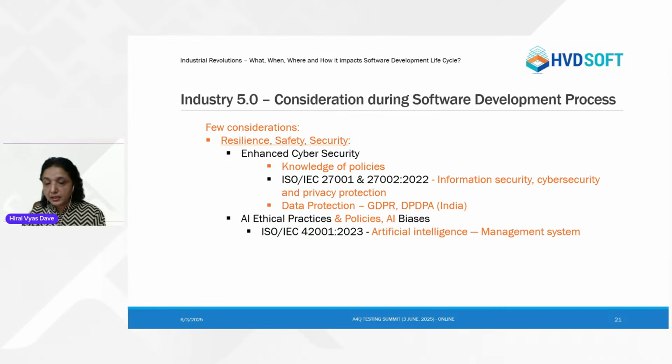When it comes to AI applications, if you are developing or testing, the 42001 standard is something which helps you do the management of artificial intelligence systems. And likewise, there are a lot of standards for safety requirements and industrial robots also.